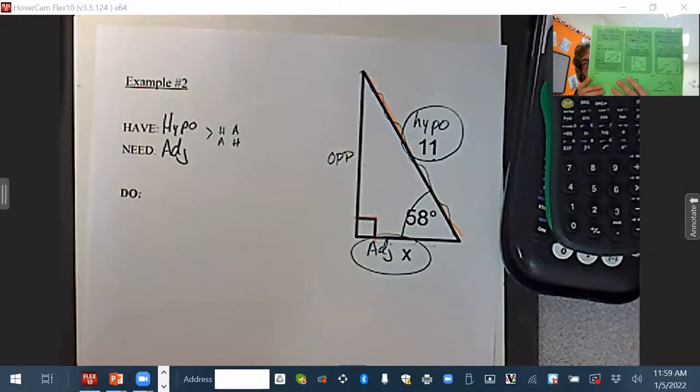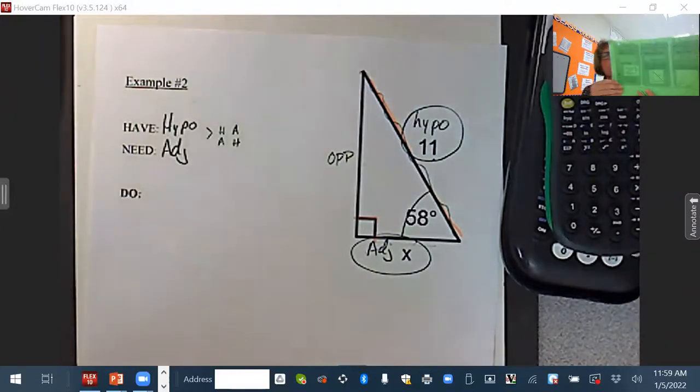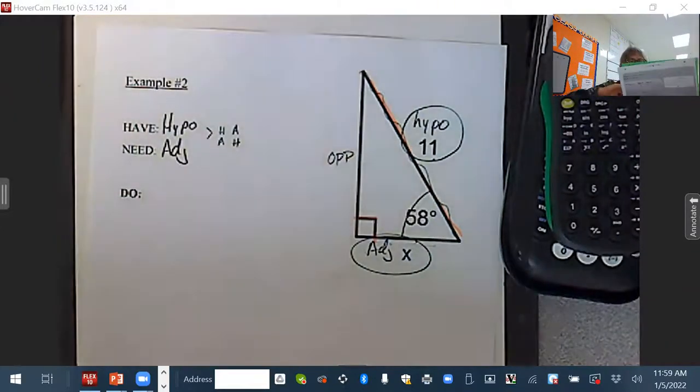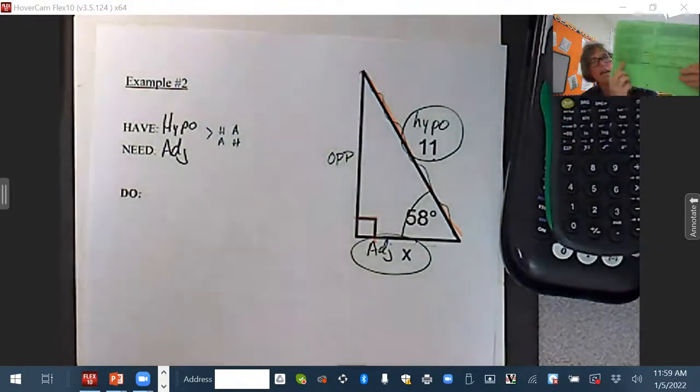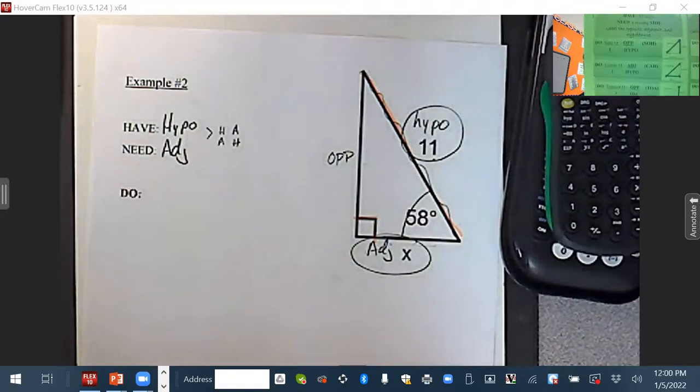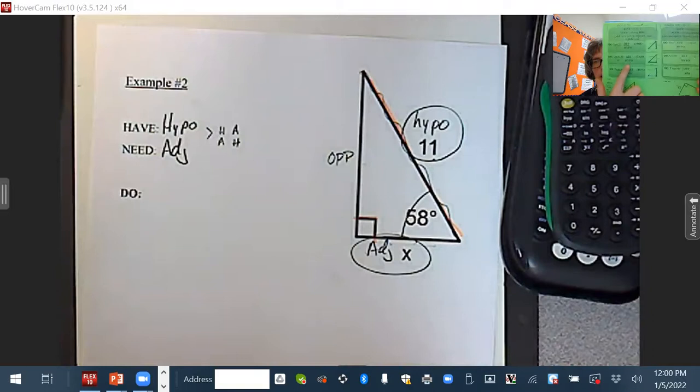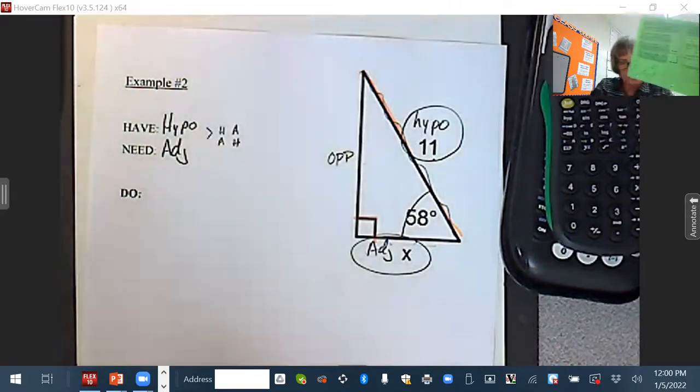You should have this right in front of you. This is the right triangle toolbox. We're going to flip it over. And you're looking at the left-hand side right here, where it says working with the side. This is what you're looking at right here. Okay?